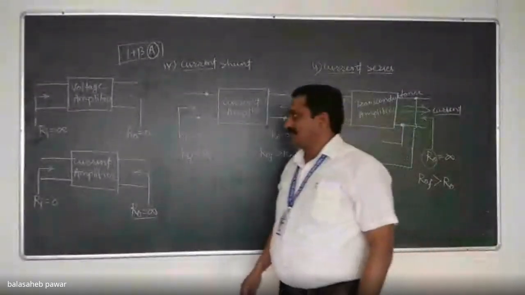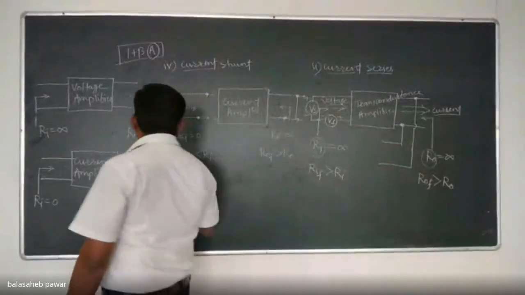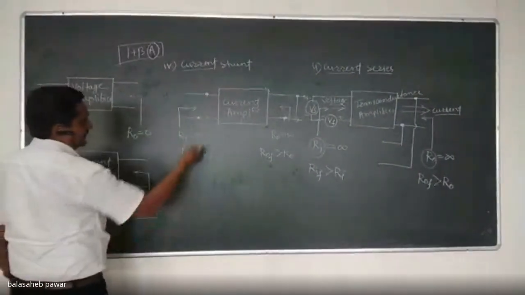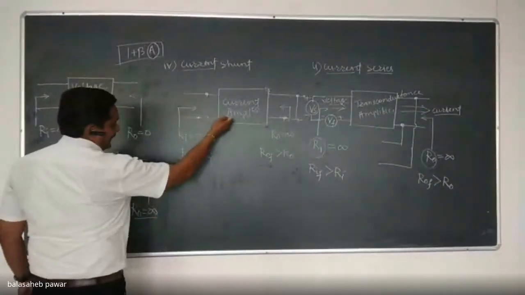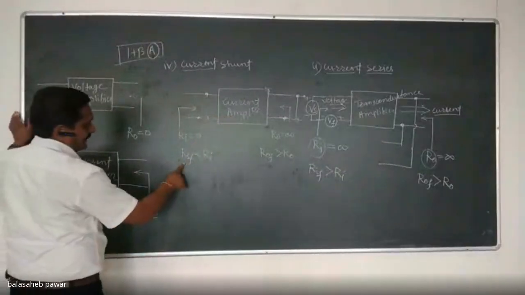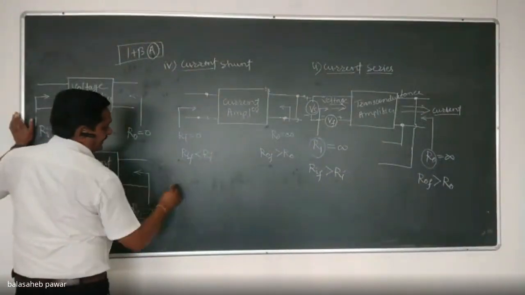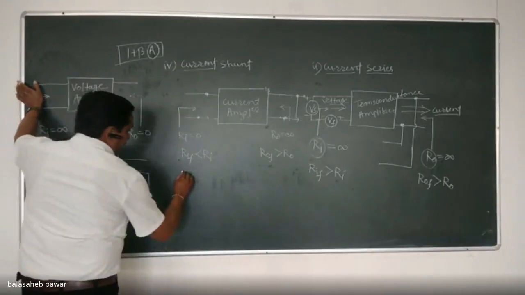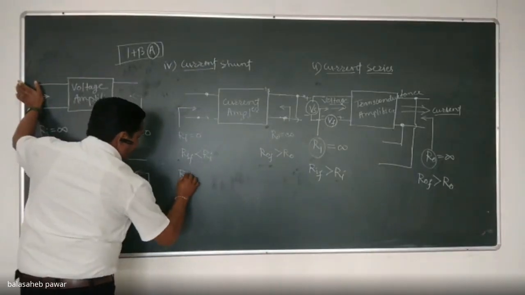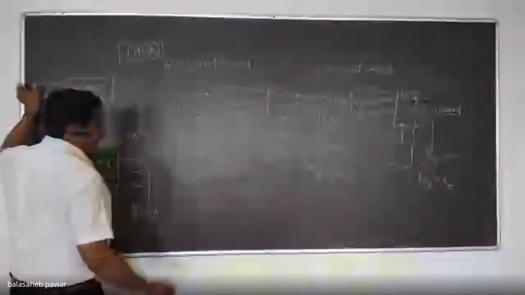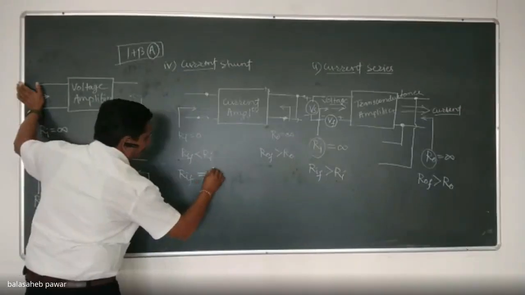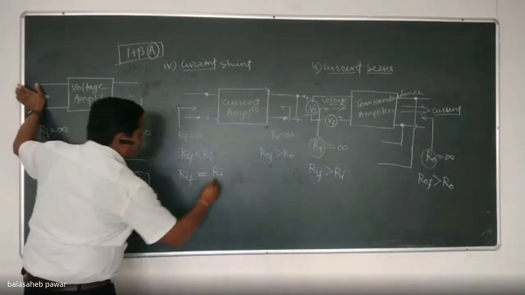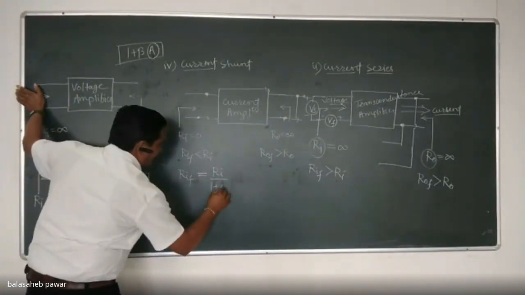So whenever RIF, suppose for this current amplifier, RIF, as we know, is less than RI, you have to express it mathematically like this: RIF will be equal to RI by 1 plus beta AI.